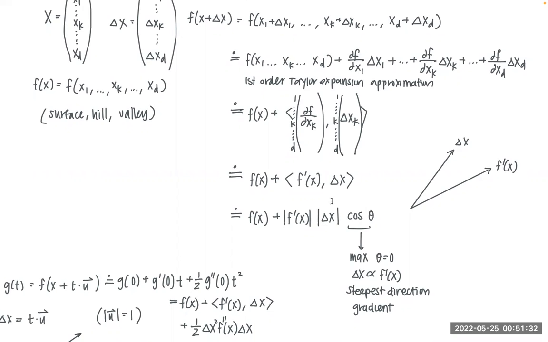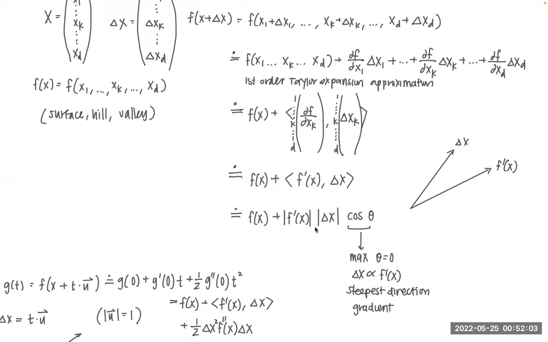Then for delta x of a certain fixed length, when delta x is along the direction of the gradient, you see the biggest increase. And if theta equals pi, then it's in the other direction, and you see the biggest decrease. For gradient descent, you actually go along the opposite direction of the gradient. For gradient ascent, you go along the gradient direction.